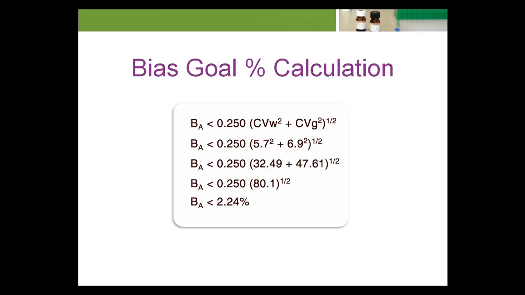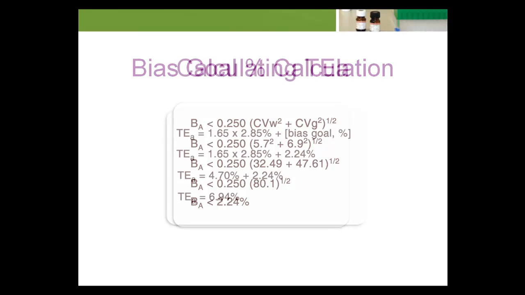If we were to choose a performance goal for bias of desirable, and the published CVW is 5.7%, and the CVB is 6.9%, then the BA would be 2.24%.